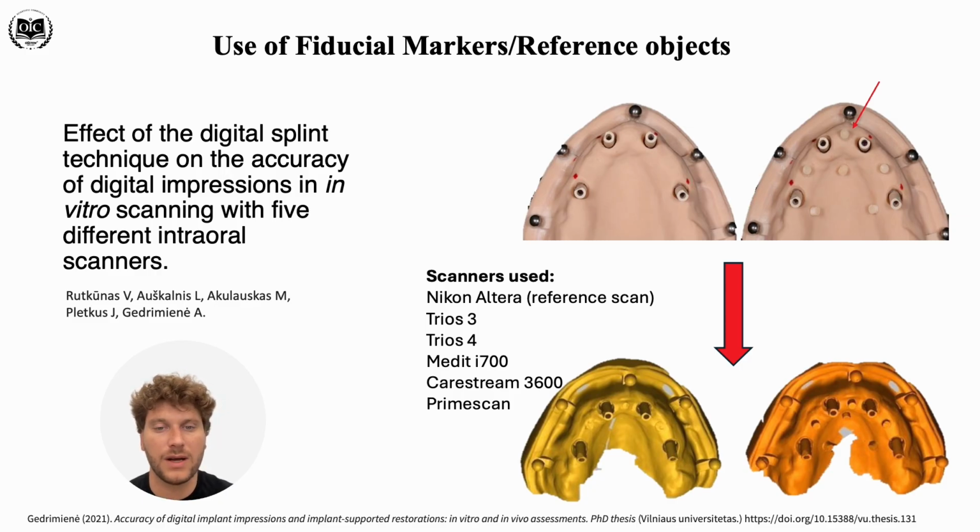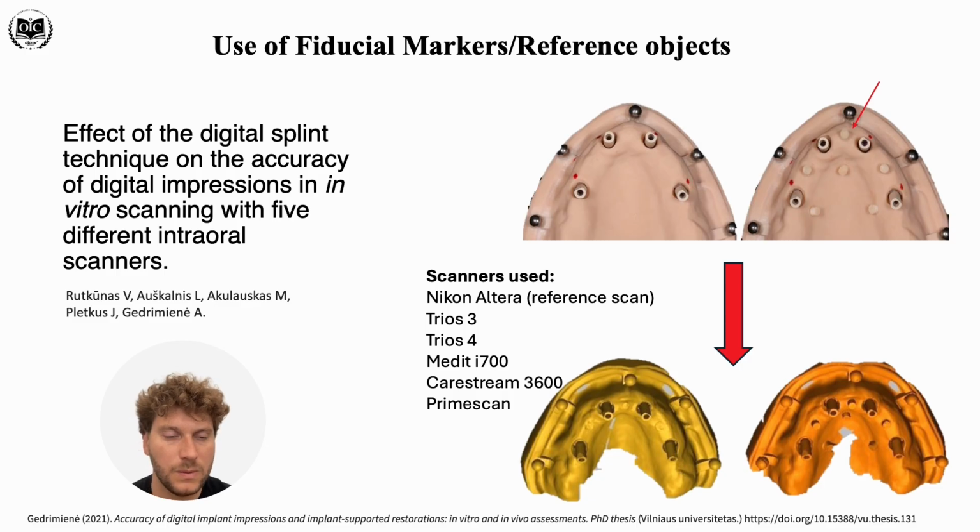And we wanted to look at how it affects the accuracy of implant scans. So we did an in vitro study with fiducial or reference objects glued to the surface of the gingiva in between the implants.